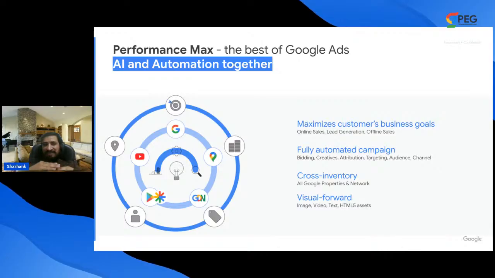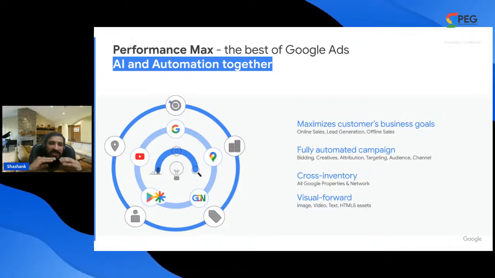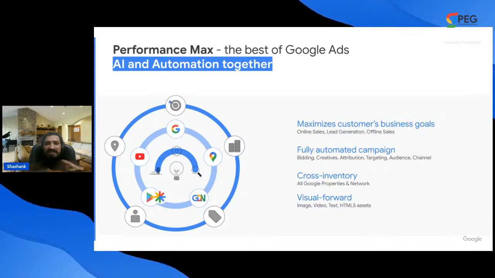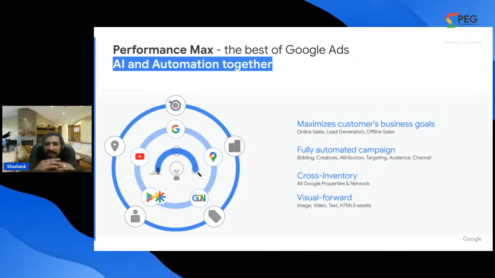Last but not the least, it's a visual forward campaign structure. So what does that mean? If we talk about search ads, it's mostly text shown on the Google search console whenever someone is searching for it. However, with this campaign type, you can upload a number of images and videos.